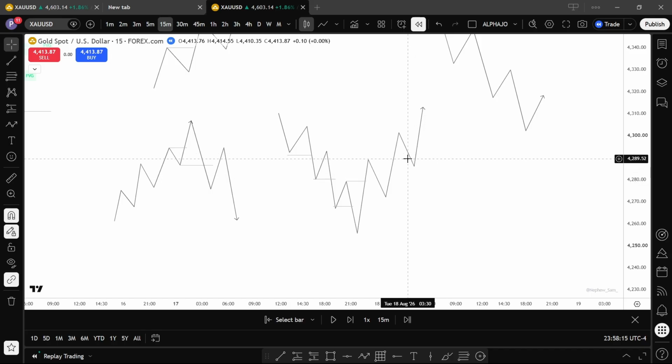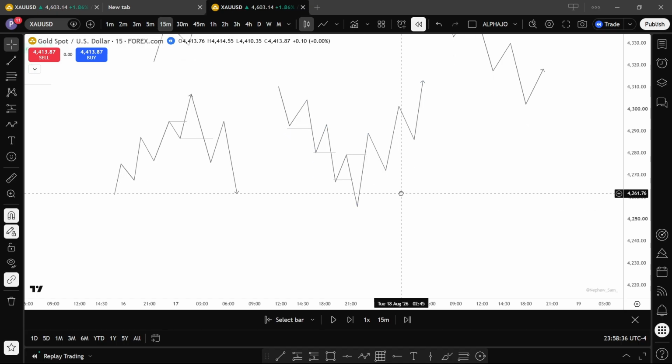So you should know that. A simple way for you to remember the break of structure and the market structure shift is that the break of structure gives you a signal of continuation, and the market structure shift shows you a signal of a trend reversal, or that they are trying to change the direction of the trend that they are moving in.